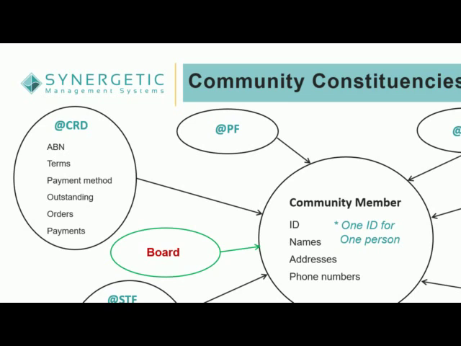So when they come across to Synergetic, it allocates 2 IDs for them. Not so much with families, but with staff, and past students and parents.